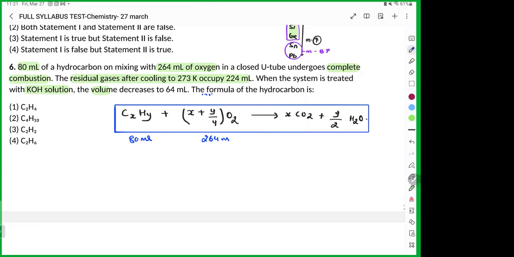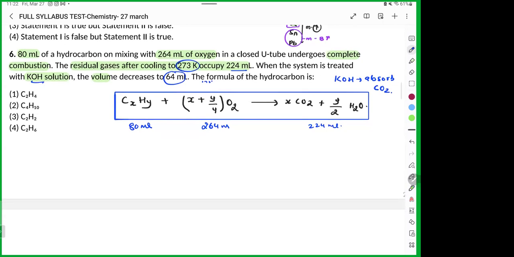Residual gases after cooling, residual means CO2 or H2O vapor, will go to 0 degrees Celsius and occupy this volume, 224 ml. When the system is treated with KOH, the volume decreases by this, because you know the role of KOH is to absorb CO2. Correct? Calculate the formula.